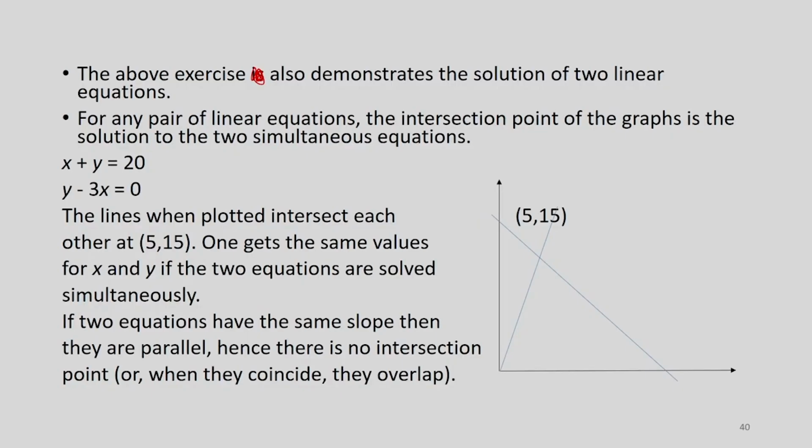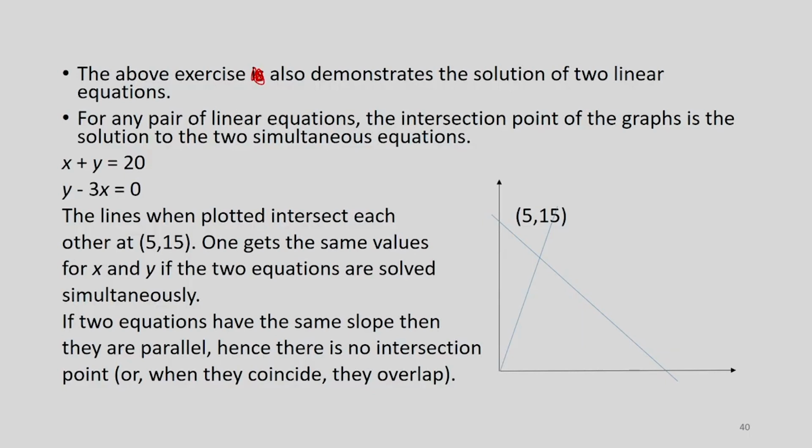So, instead of thinking of the demand function and the supply function, the model could be thought of as just mathematically two linear equations being given, and suppose you have to find the solution of the simultaneous linear equations. What we have found is that geometrically the graphs of these two equations will intersect at some point, and it is the coordinates of the intersection point which are the solution to these two simultaneous linear equations. So, here is an example.